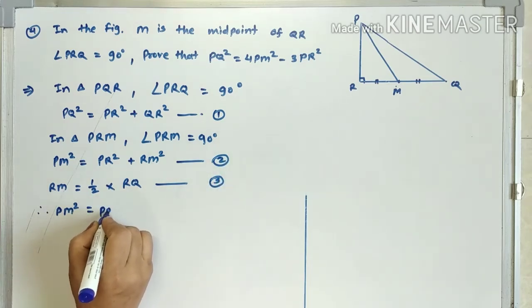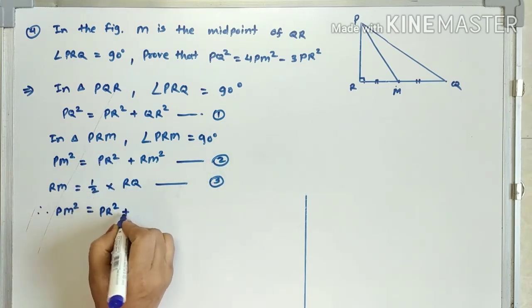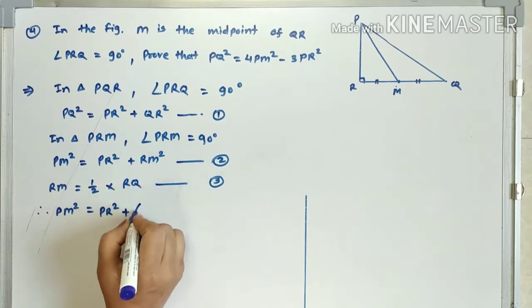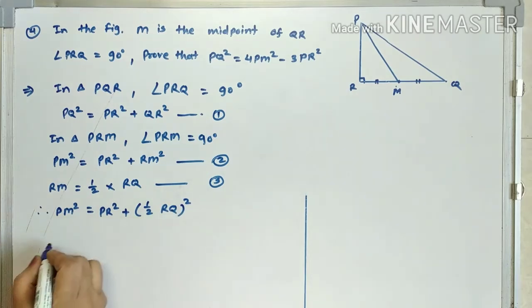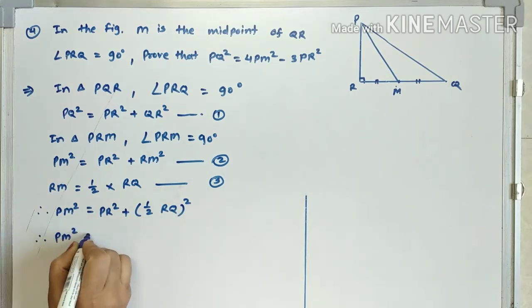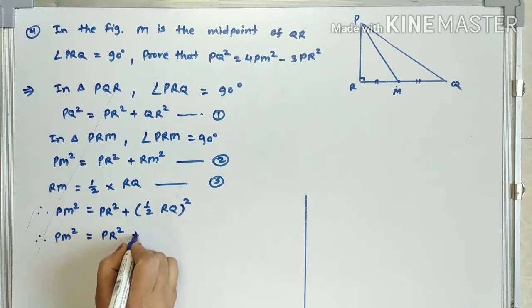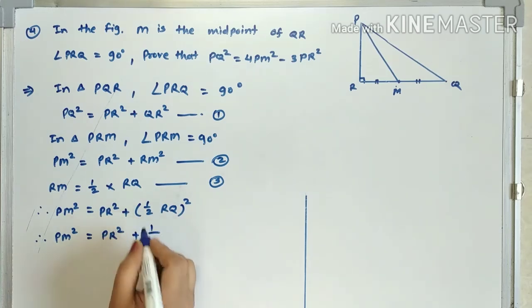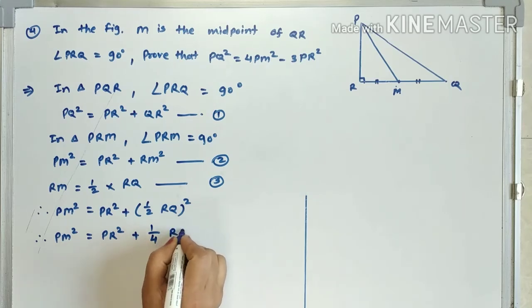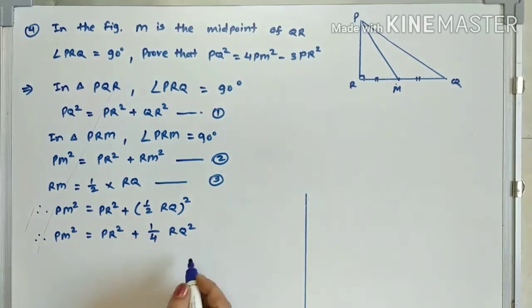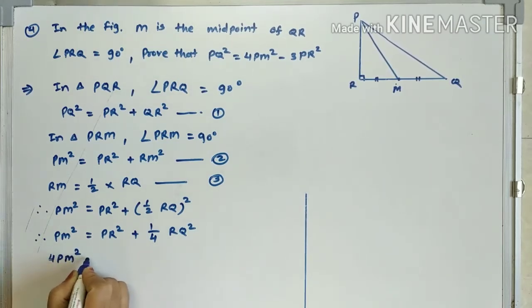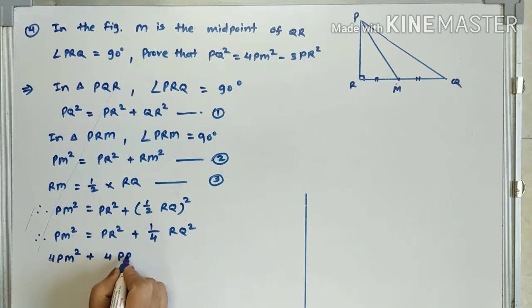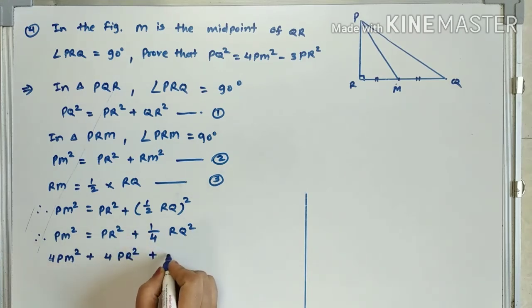We get PM square equals PR square plus half into RQ, squared. Therefore PM square equals PR square plus 1 by 4 RQ square, since the square of 1 by 2 is 1 by 4. Now multiply each term by 4. We get 4 PM square equals 4 PR square plus 4 RQ square by 4, the 4s cancel, leaving RQ square.